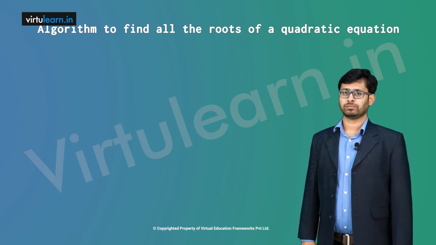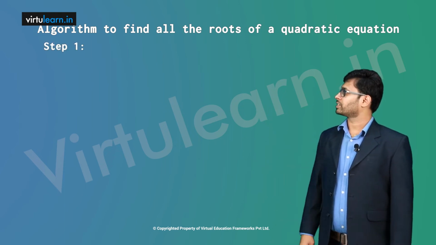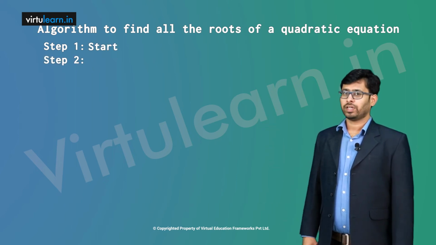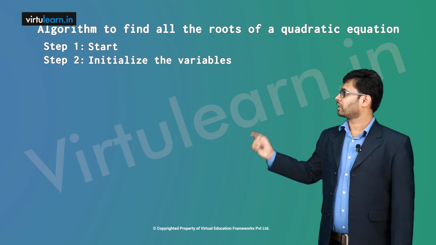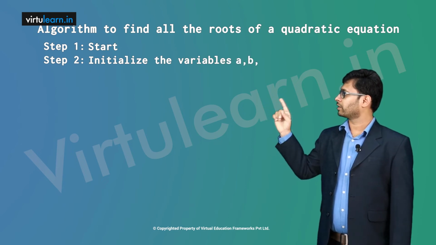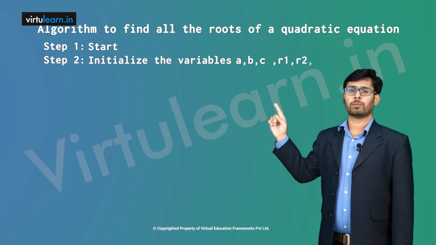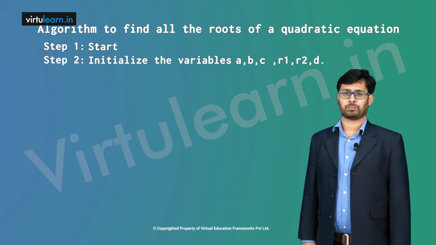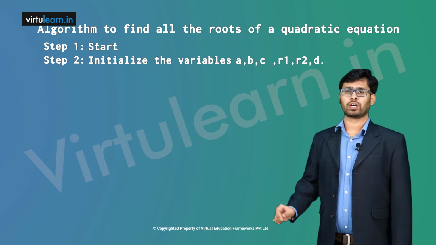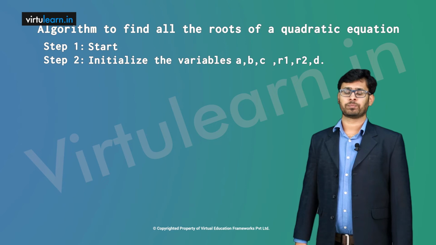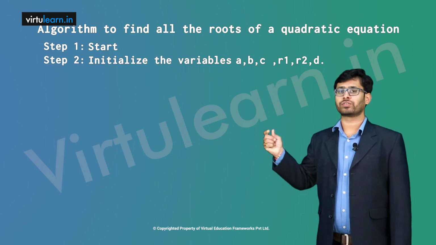Step 1, start. Step 2, initialize the variables a, b, c, r1, r2, d, where d is the discriminant. Here a, b, c are coefficients, r1, r2 are the roots which we need to find out, and d is the discriminant.